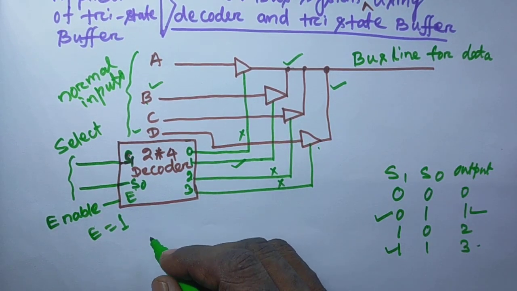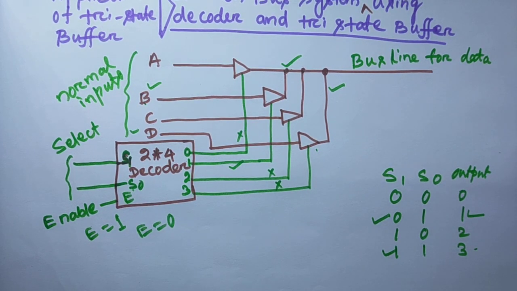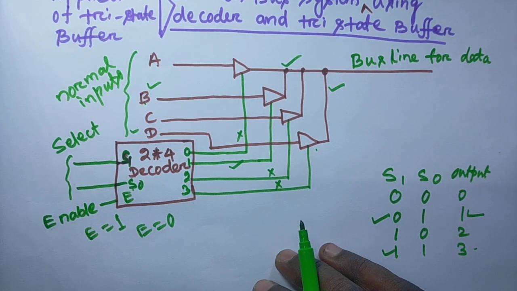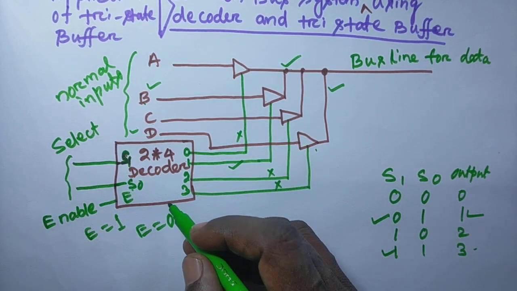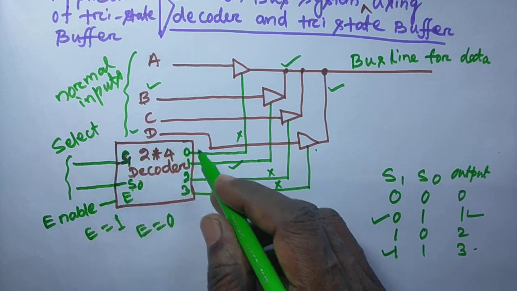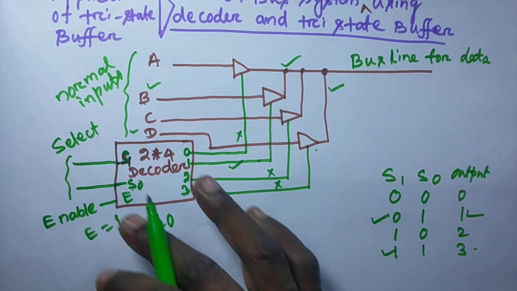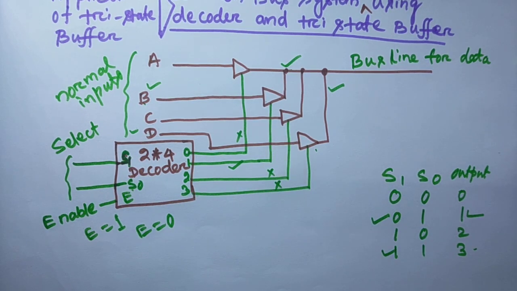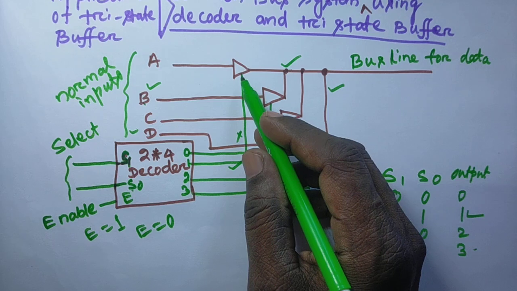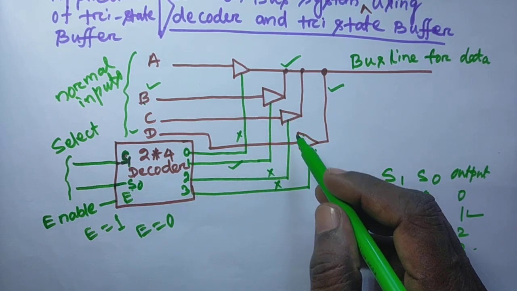Instead, in case E is equal to 0, that means it will be disabled. If it is disabled, this decoder will be totally disabled. Since it is considered as a tri-state buffer, the tri-state will be disabled for each individual buffer.